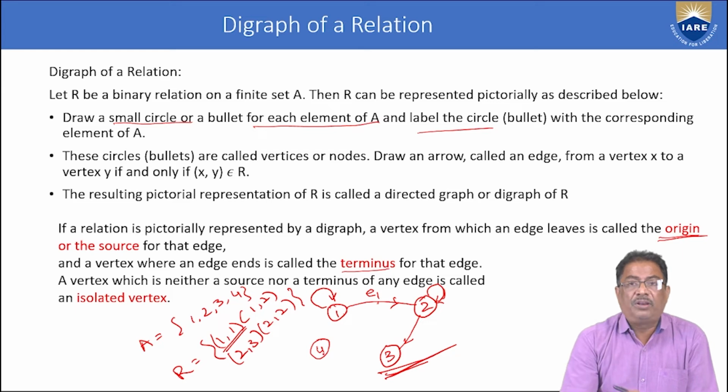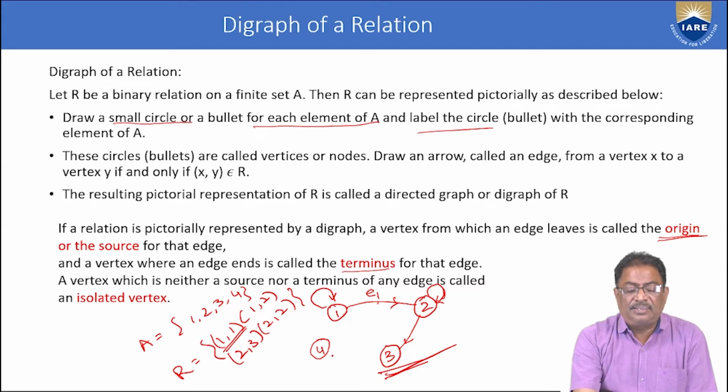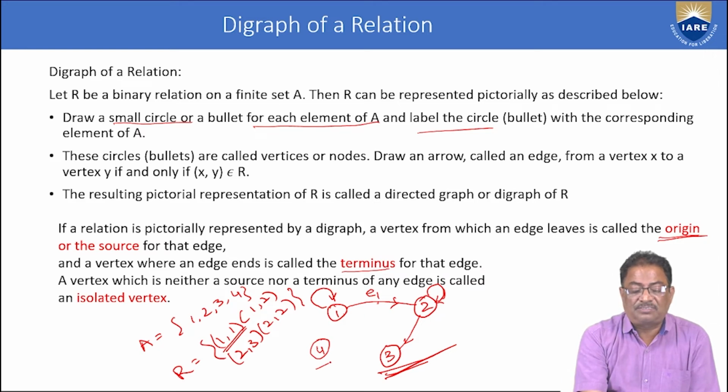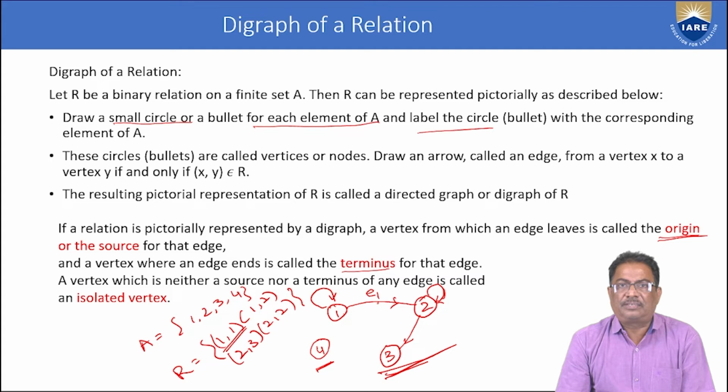Then another one will be there, 4, but there is no vertex connected to 4. So 4 is neither source nor terminus. Such a vertex is known as an isolated vertex.